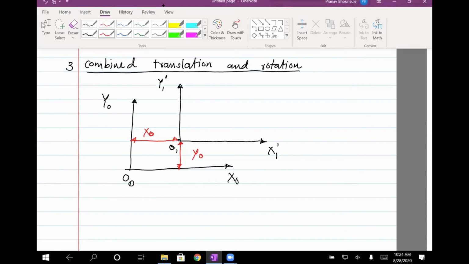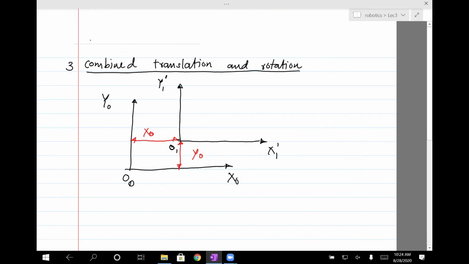Okay, thereafter, what I'm going to do is rotate the frame O1, X1 prime, Y1 prime by an angle theta. So X1, Y1, and the rotation is by an angle of theta.